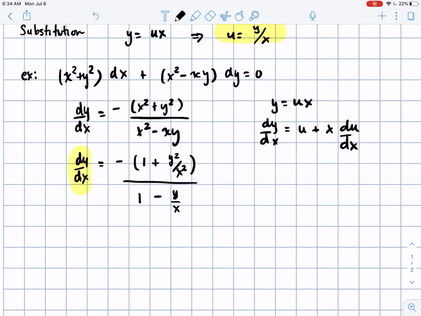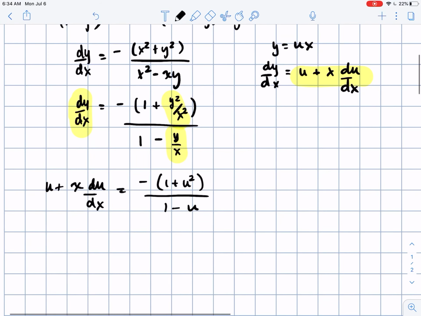So everywhere I see a y over x or some form of that, like here would be u squared, here would be u, and I could also now substitute in for dy over dx. So I'll have u plus x du over dx equal to a negative 1 plus u squared all over 1 minus u, okay?